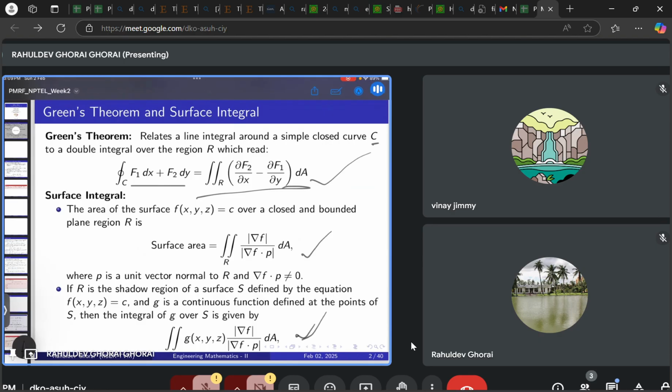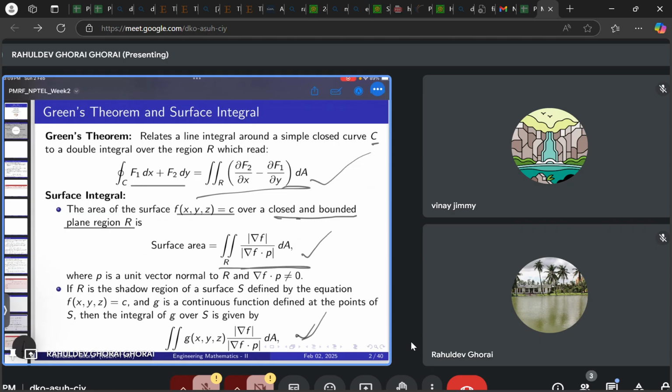That is, the area of the surface f of x y z equal to c over a closed and bounded plane region R. This is over the plane region.